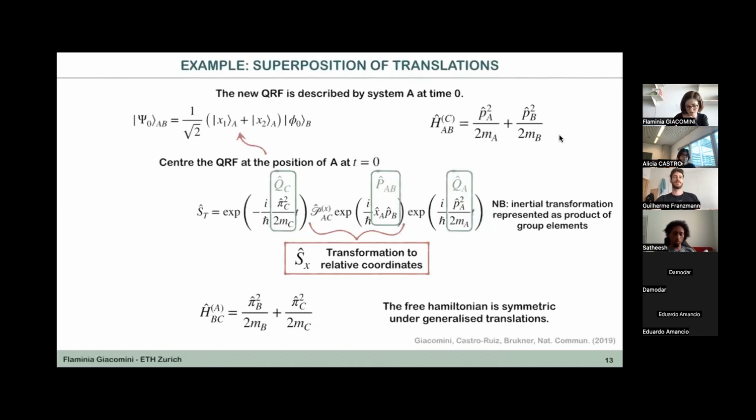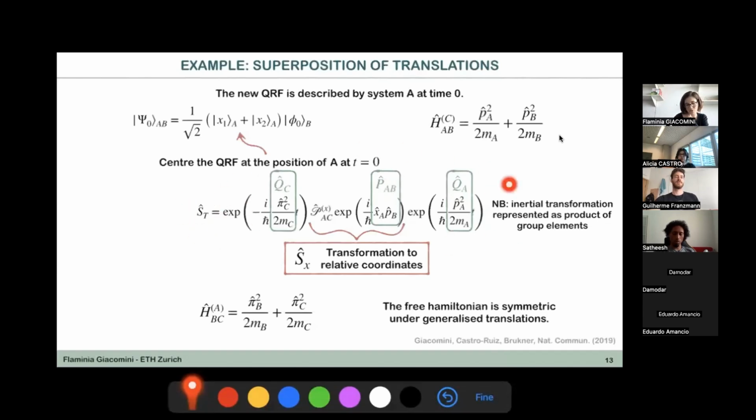But this means that this transformation also has to be changed. If I remember correctly, when you describe everything in the Schrödinger picture and do all the calculation properly, then this term and this term drop, and you're just left with this central term here for the transformation. And that's it. Okay.